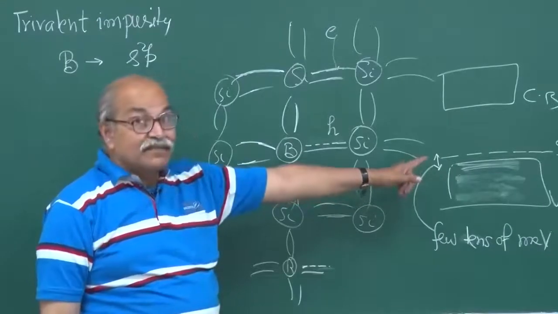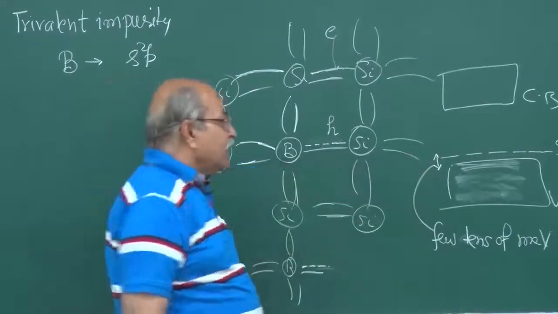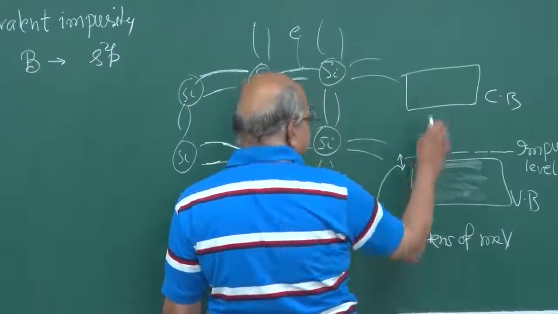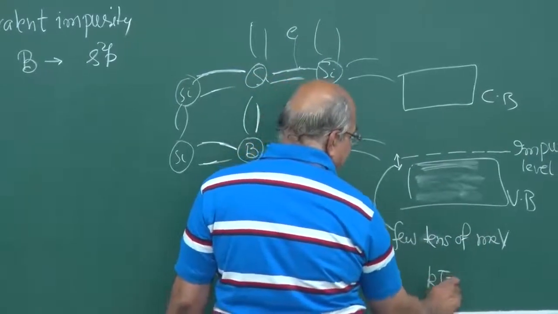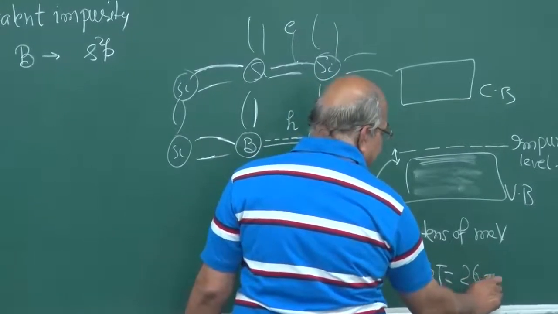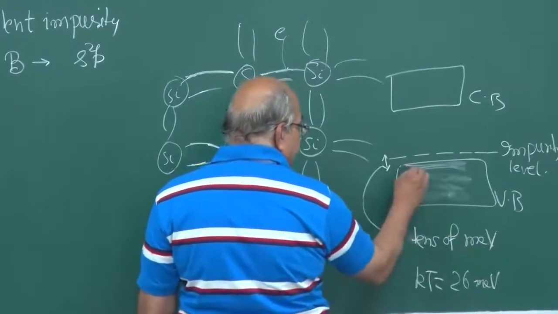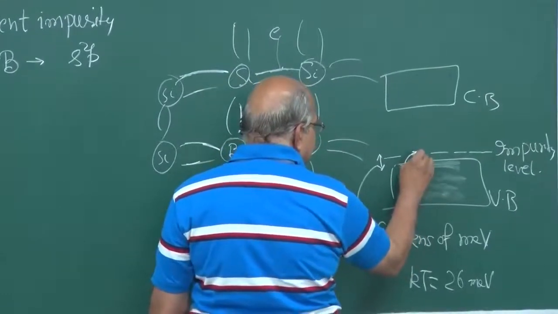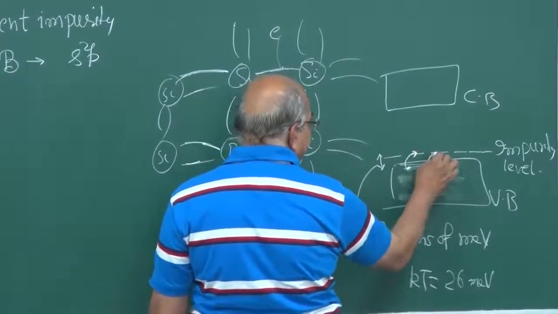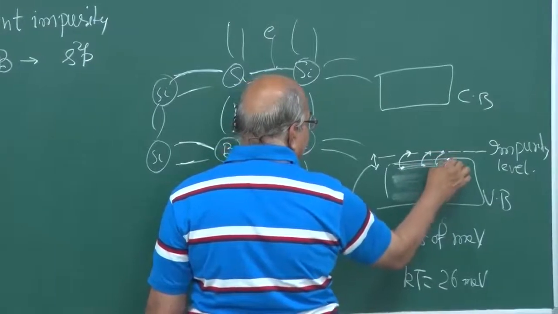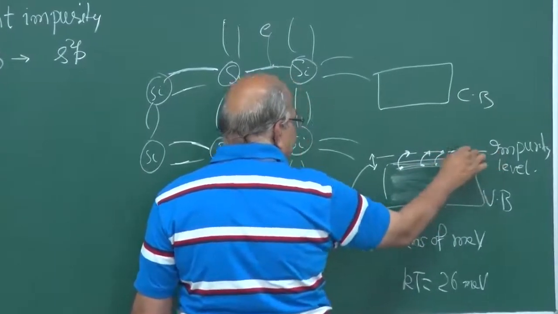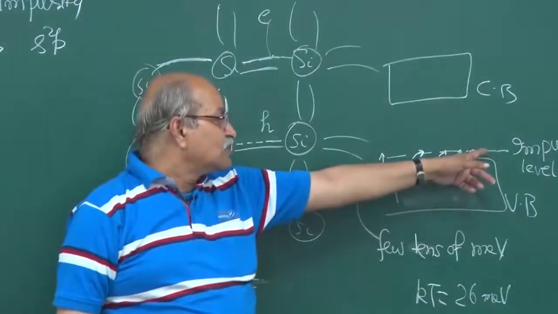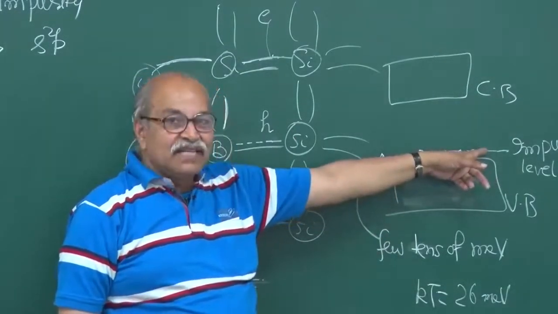Empty states are there, remember. And since this is only a few tens of meV and kT is 26 meV, very easily through thermal interactions, these valence electrons will fill these empty states. There are many quantum states, although the energy is the same, and it's not broadened also. It's a quite sharp energy level here.